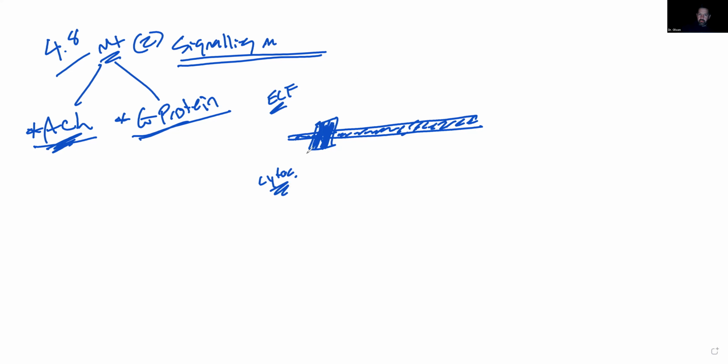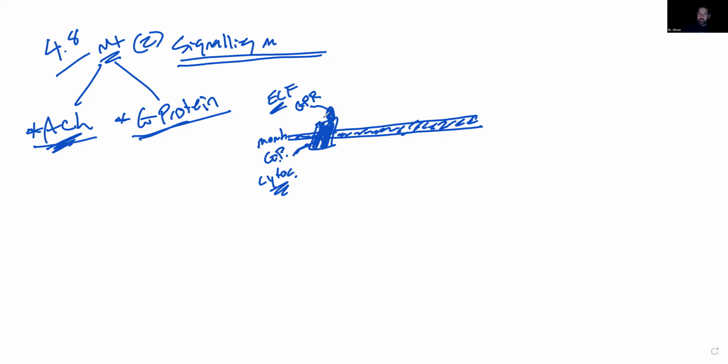Within the membrane here, we have this G protein, and it's embedded in the membrane. And then this G protein has a receptor on it. Let's go ahead and just name all these out here. So we have a G protein receptor and a G protein.